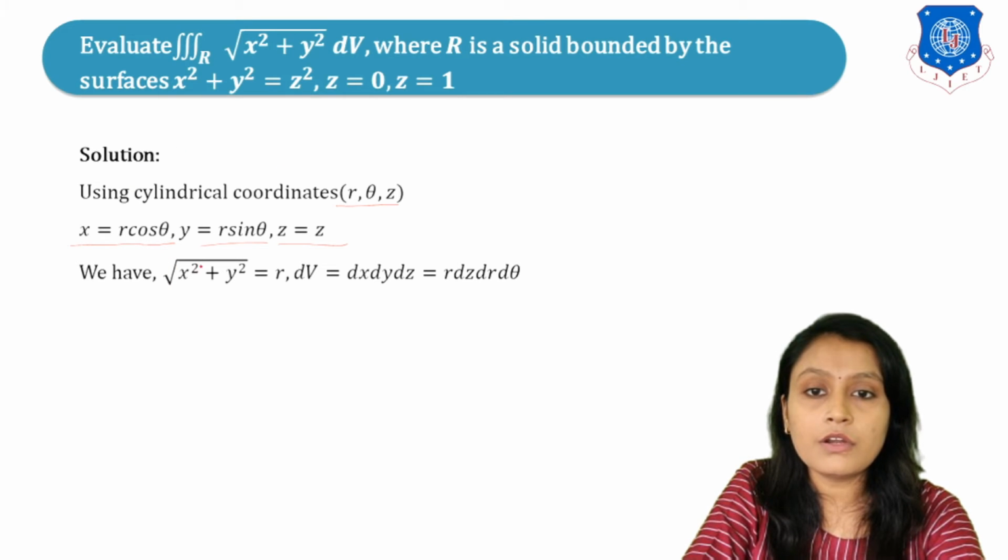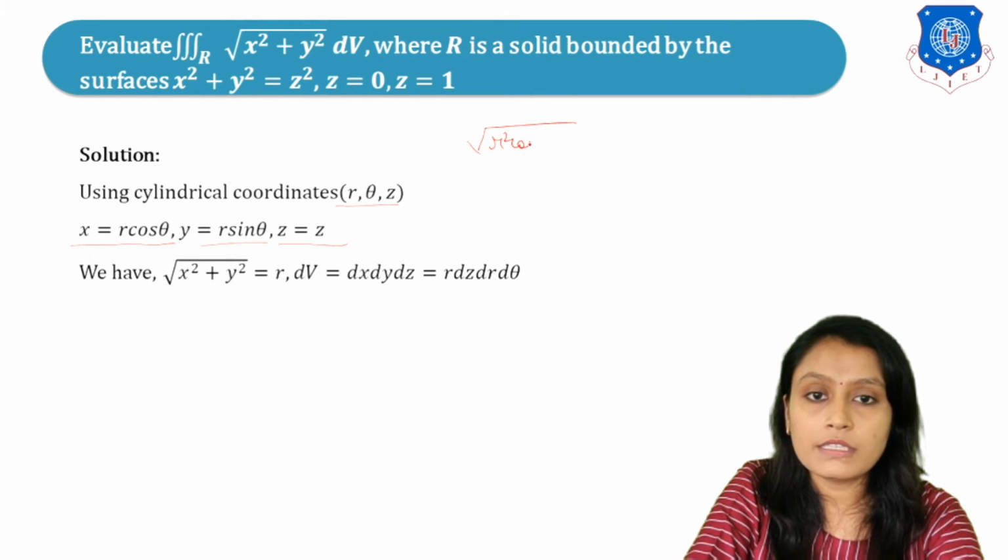Now this under root x square plus y square: you will get under root of r square cos square theta plus r square sin square theta, right? So take r square common, so you will get r square times cos square theta plus sin square theta. So you will get under root of r square, therefore r. And this dv we will write as dx dy dz, and this is equal to r dz dr d theta.